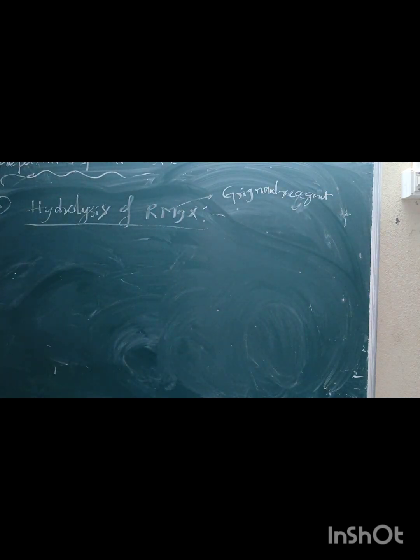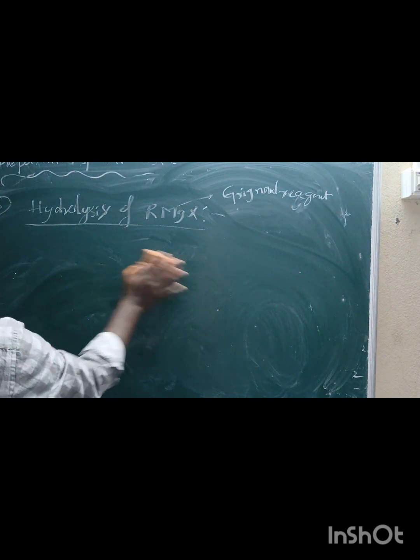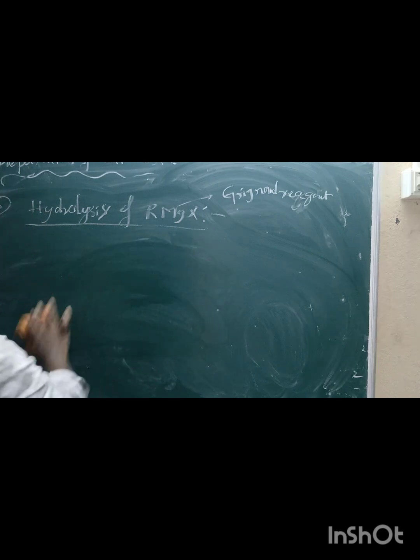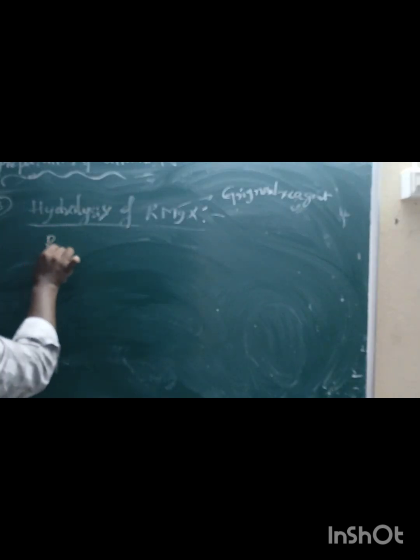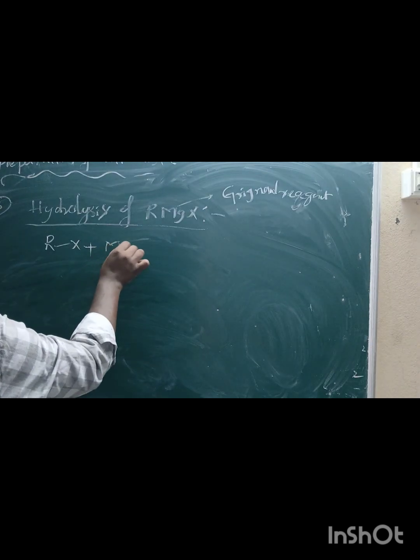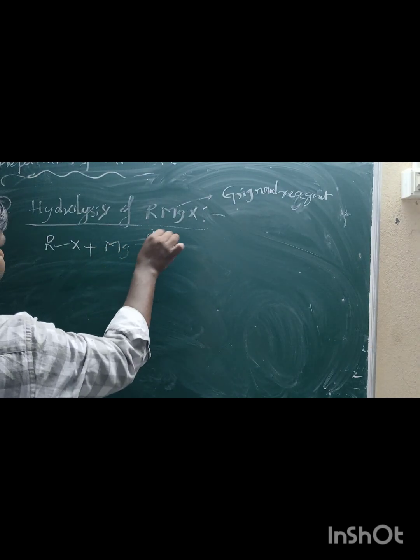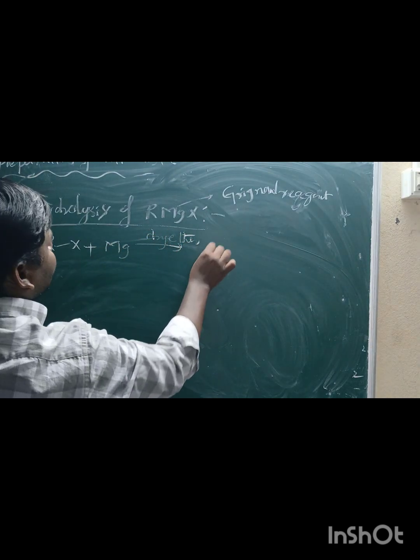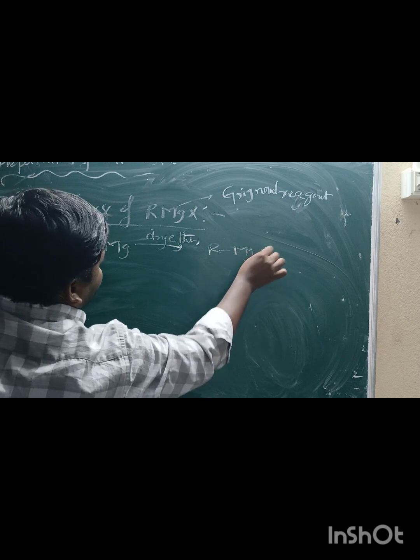Here you can observe that the alkyl halide combines with magnesium metal in the presence of dry ether to form alkyl magnesium halide.